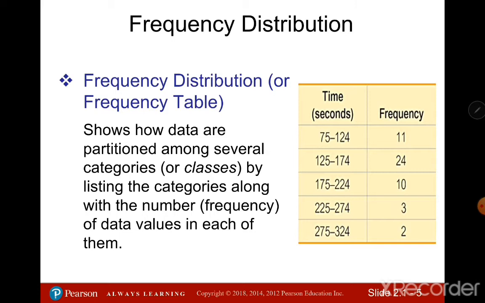If we check the left column, we have 75 to 124. This is our first category, and we have a total of 5 categories. The right column is called frequency. This column shows you how many data values fall in the class. So there are 2 columns in our frequency table.